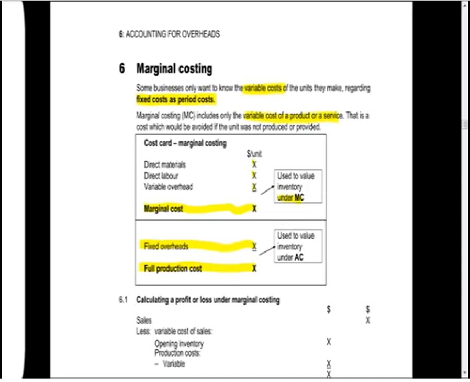So we know now how to work out the full cost under absorption costing using our three-step approach, and we know how to do it under marginal costing because it's just the direct costs.